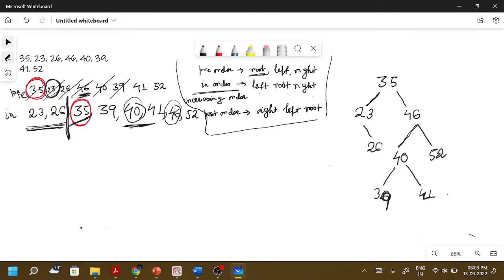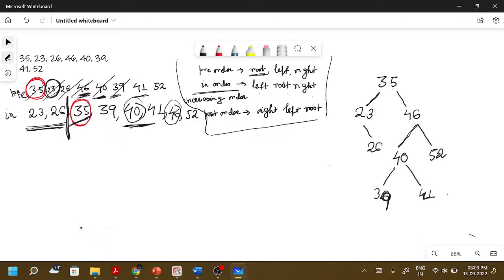So we have a node, 46 is a node, 40 is another node, and after that 46, so left is 39, 41, and after 46 we have 52 here. If we consider this one also, 41, 46, okay, correct.